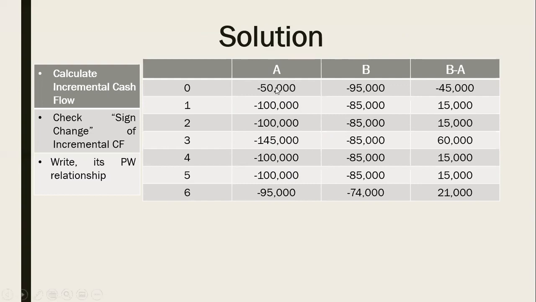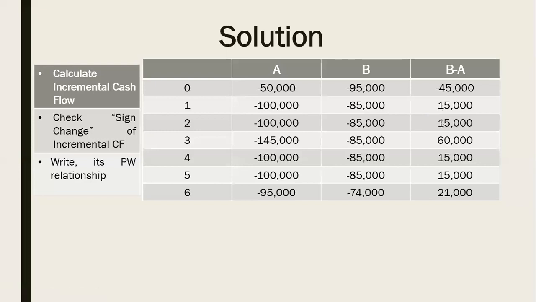Now, once having calculated the net cash flows for both options, we can calculate incremental cash flows by taking the difference of both projects, B minus A. So at time 0, we have to pay 45,000 extra for shifting from option A to option B. Then in terms of annual expenditures, we can save 15,000 in year 1 and 2.